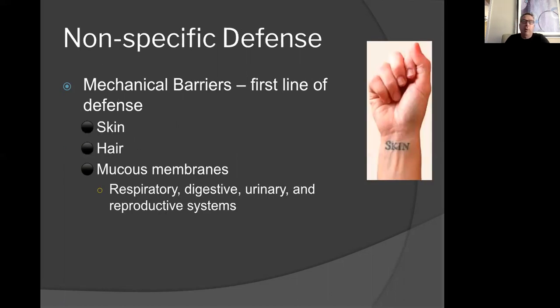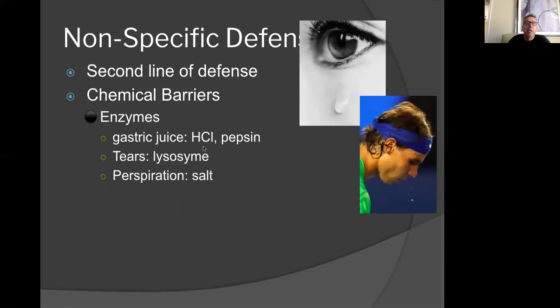So what's our mechanical barrier? Skin, our hair, mucous membranes. If you ever get congested, that's our non-specific defense, the mucus building up, trying to keep the pathogens out of our respiratory system. What are the more second line defenses?